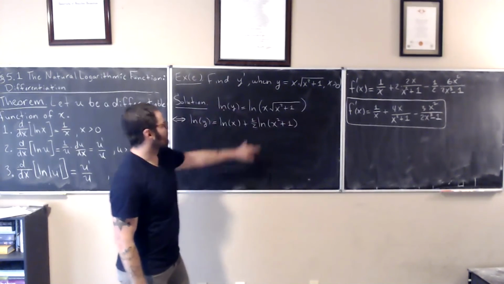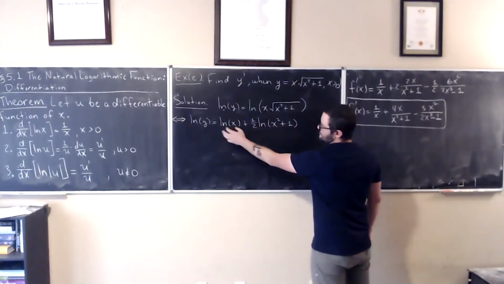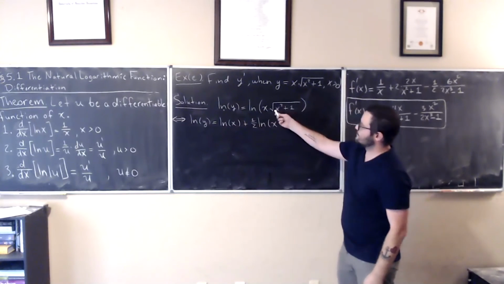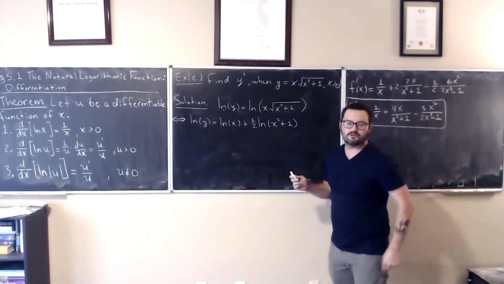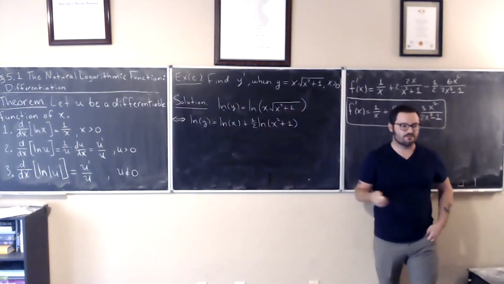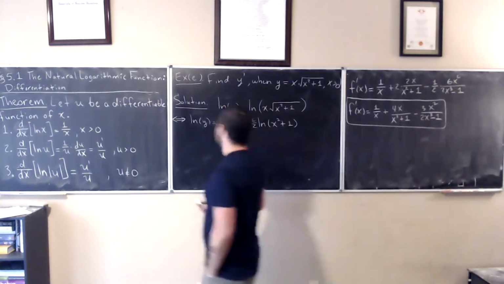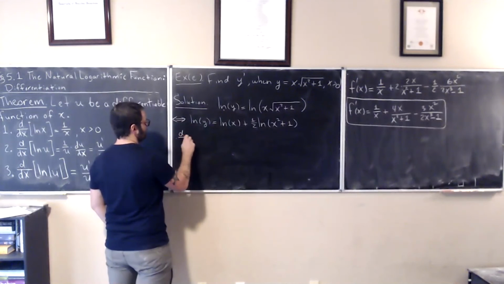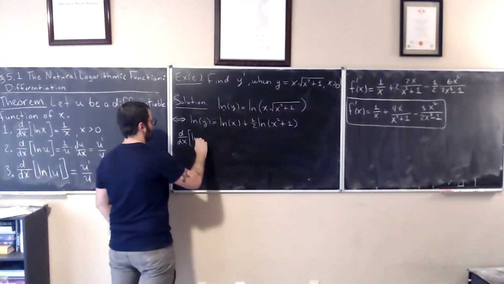On the right-hand side, we have that times that, so I can break that into a sum of natural log of the first plus natural log of the second. There is an exponent of power 1/2 right here. I can bring that in front and multiply as a constant by that rule for natural logarithms. And now once we have this, we can differentiate with respect to x on both sides.